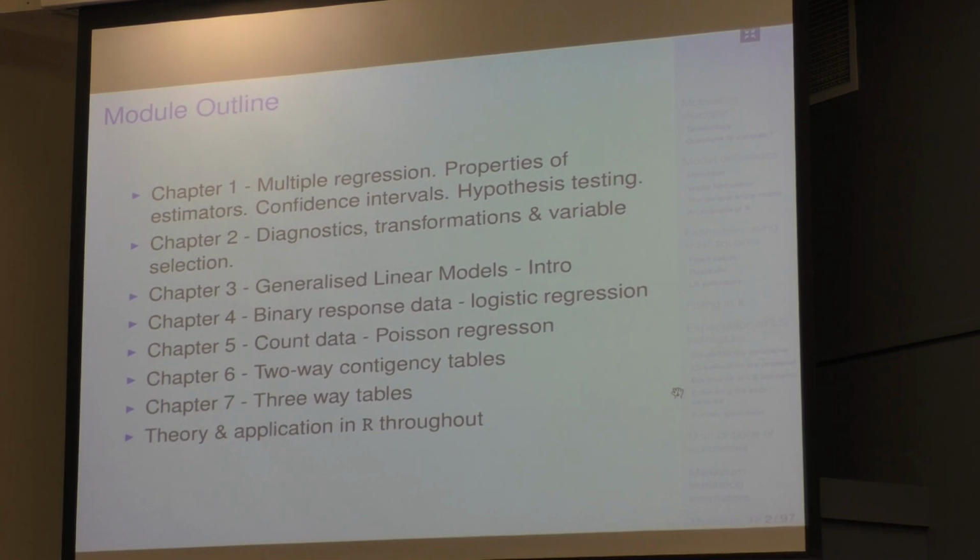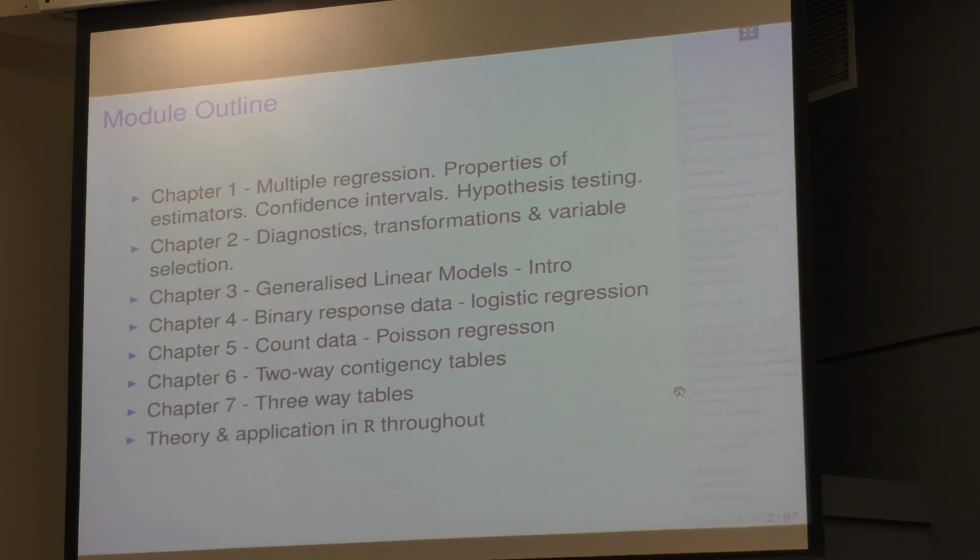In chapter 3, we introduce generalized linear models, an introduction to the most general kind of model setup, but with references to particular simpler models. We're looking there at models where the responses do not follow a normal distribution.